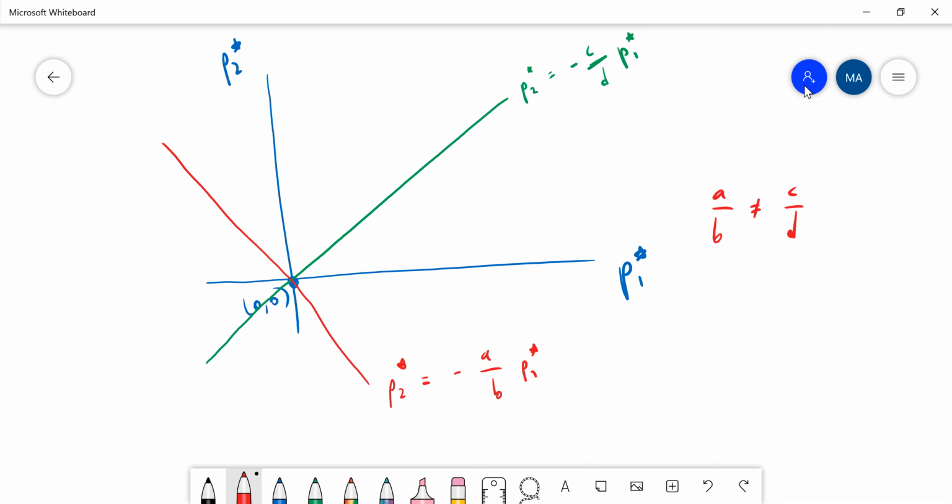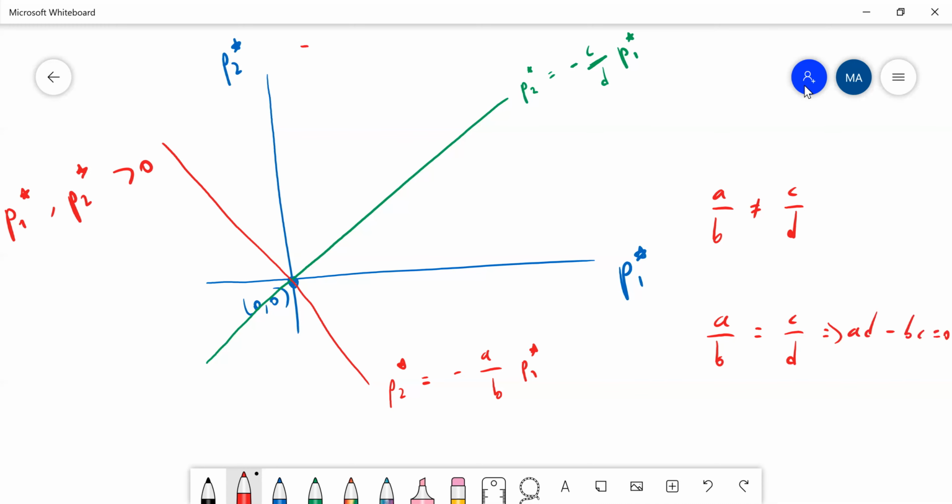But this is a trivial equilibrium, right? Because we want to look at P1*, P2* greater than 0. Then equilibrium requires that they have the same slope, or AD minus BC equals 0. But what is this?